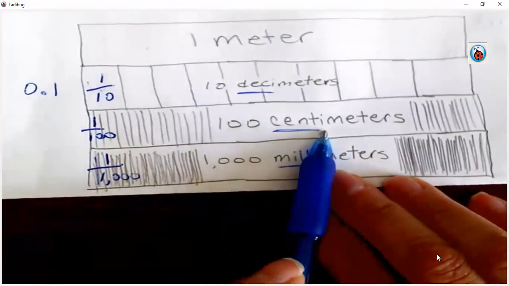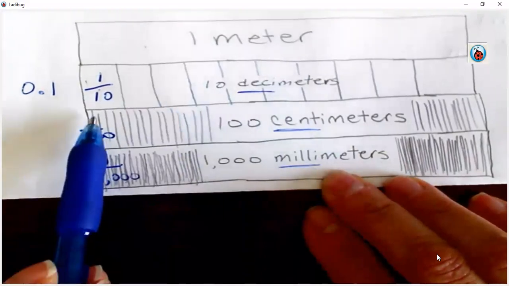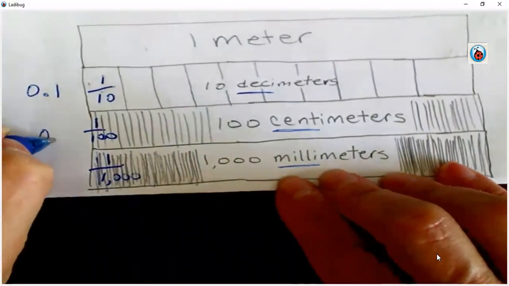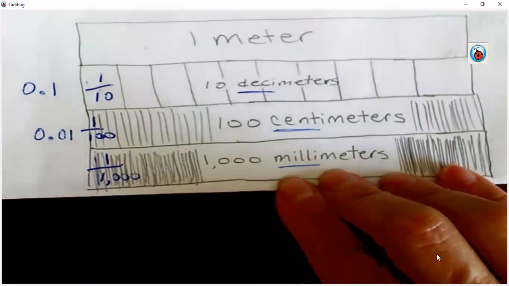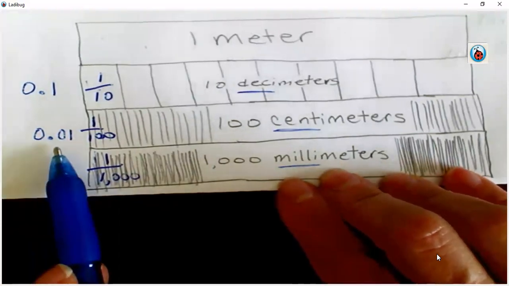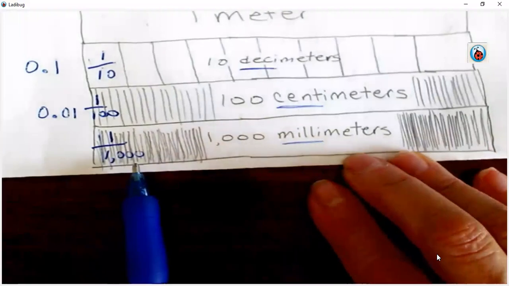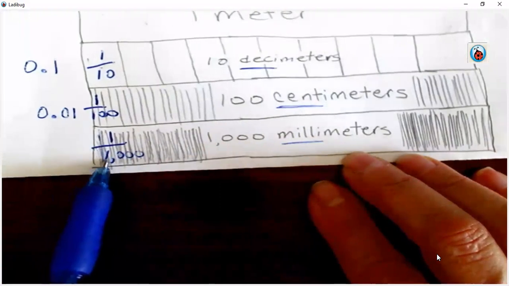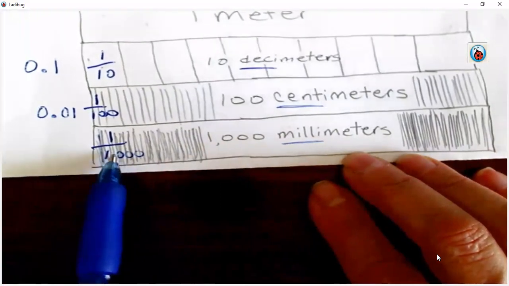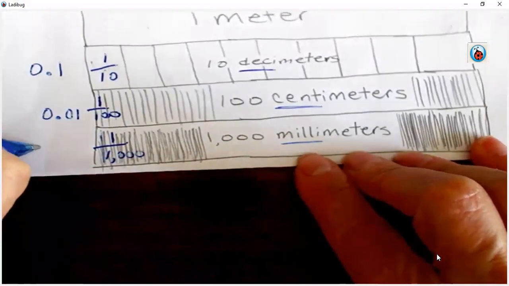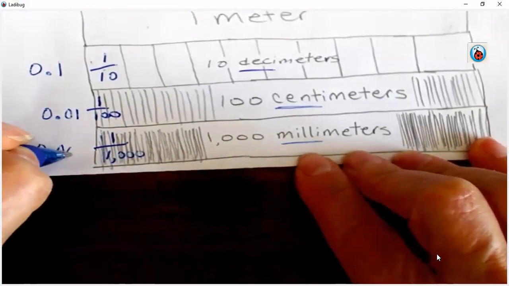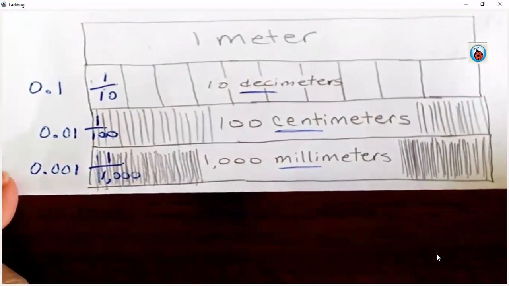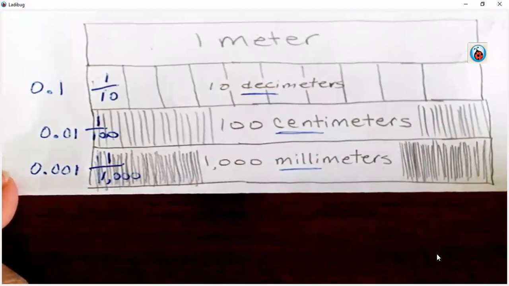And because there are 100 centimeters in a meter, 1 centimeter is 1/100th of the whole meter, and as a decimal number, that's what that would look like. And I'll show you this one, although we haven't really done anything up to the thousandths place. This is what the fraction would look like, 1 out of 1,000 if we were talking about 1 millimeter. And as a decimal, it would be this. Pretty cool. So you might make this diagram and find it useful as you're working through these problems.